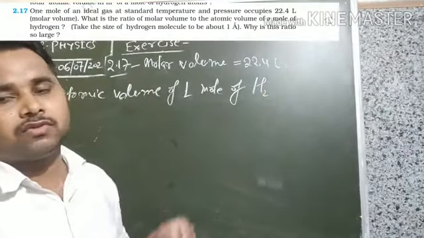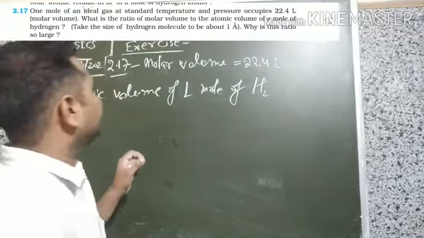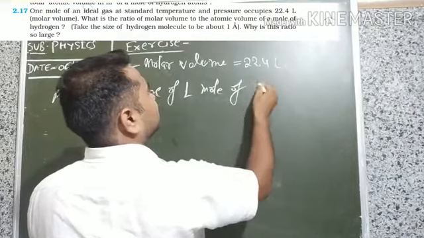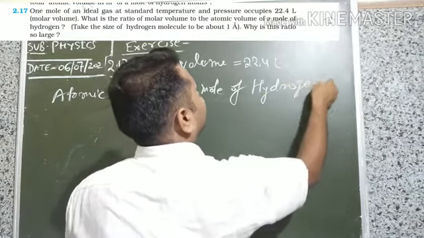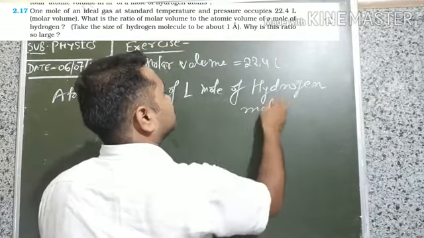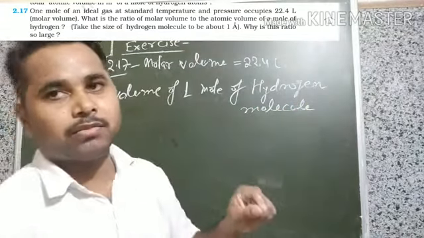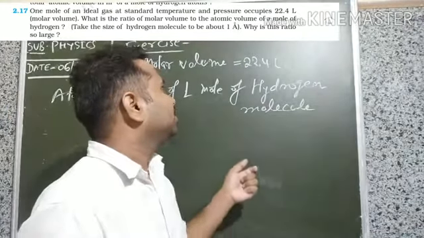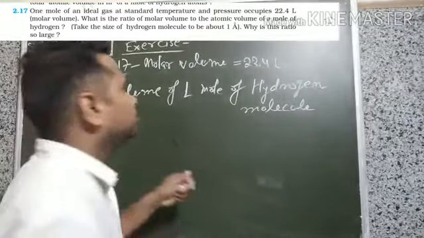In the last question it was hydrogen gas, right? Here it is given as hydrogen molecule. In the last question it was the hydrogen atom, H only. Here the atomic volume is for 1 mole of hydrogen molecule, that is H2.